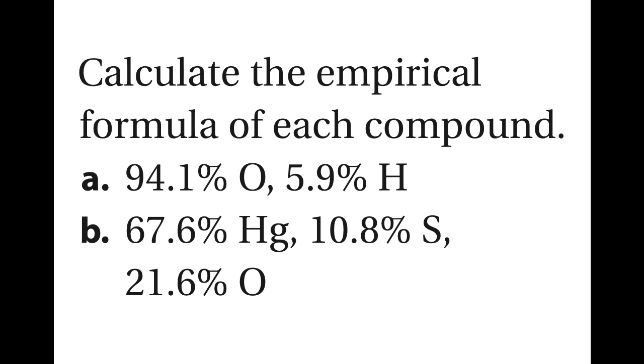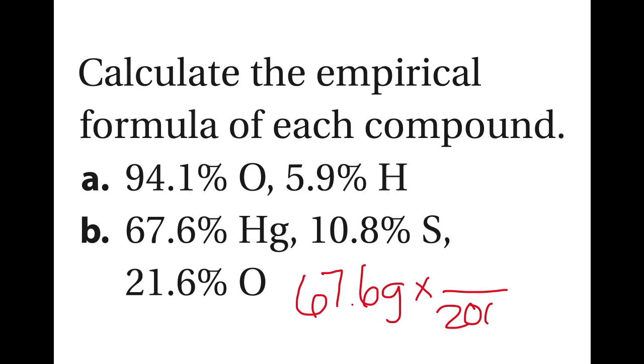So I'm going to start with 67.6 grams. I need to find the mass of mercury. If you're looking for mercury, you know that it is a transition metal, atomic number 80. If you look at the mass, it's 200.6. So 200.6 for 1 mole of mercury.